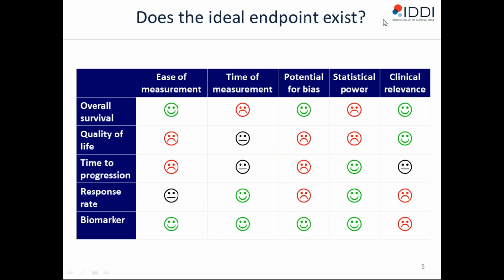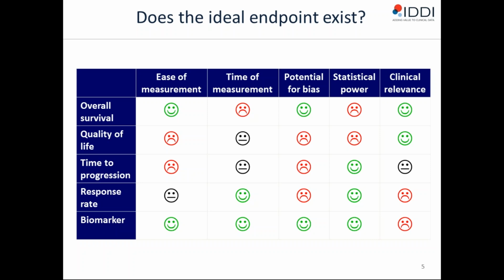We think not yet. So if we look at this very simple depiction of pros and cons, so to speak, of several commonly used endpoints, for example, overall survival is easy to measure, of course. It has very little potential for bias, and it's arguably the most clinically relevant endpoint other than cure.